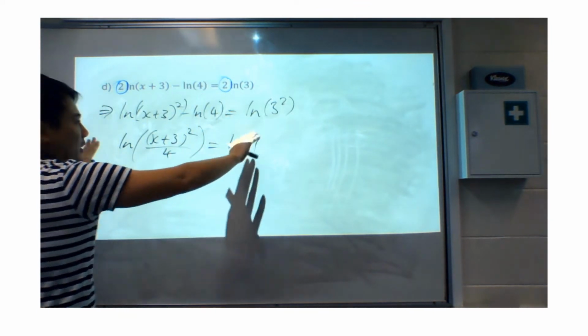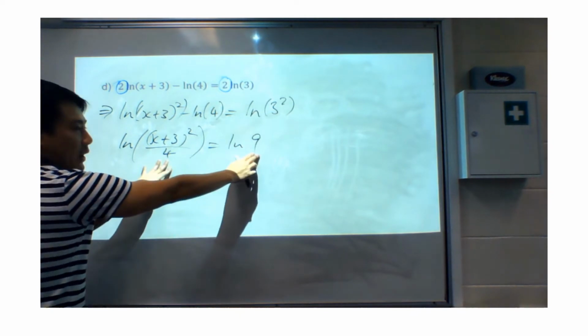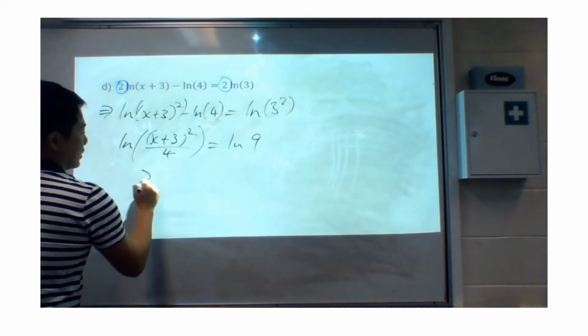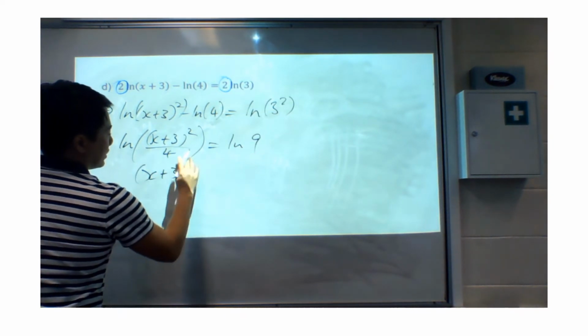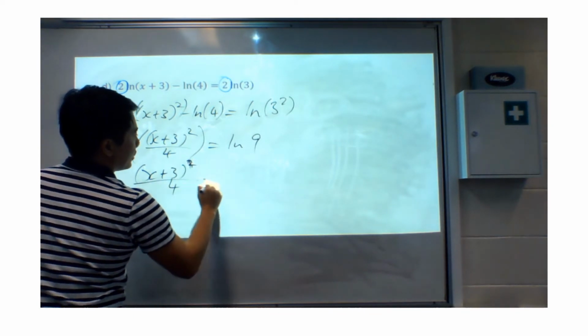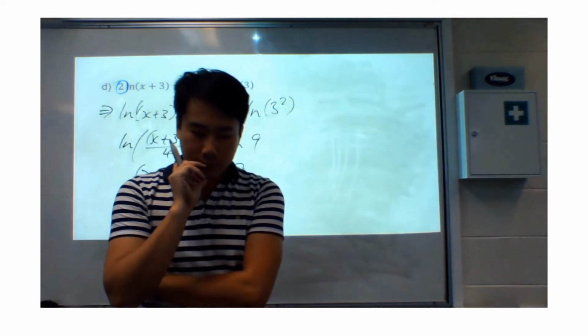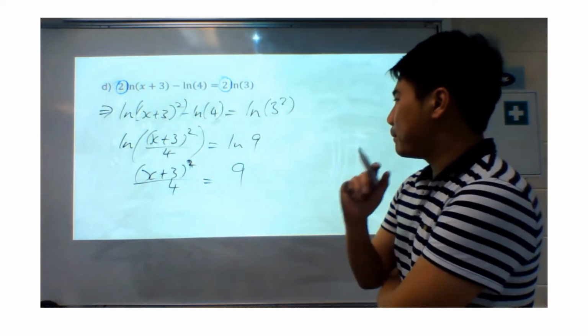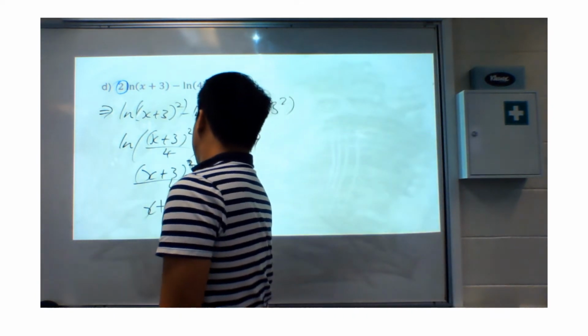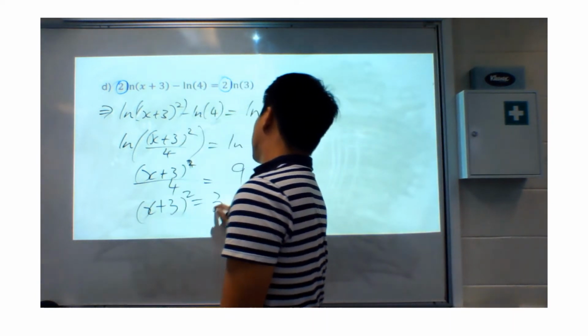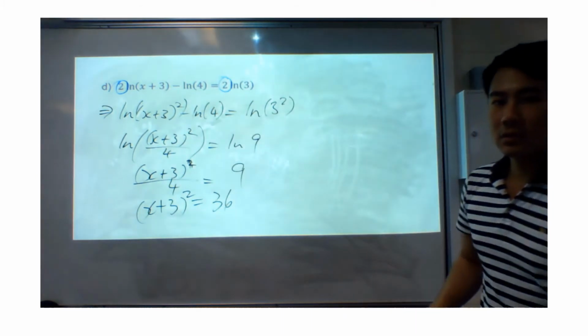Both ln, nothing stuck to it, we can equate what's inside the bracket. x plus 3 squared over 4 equals to 9. Now it is just a simple equation to solve. Okay? x plus 3 squared equals to 9 times 4, 36.